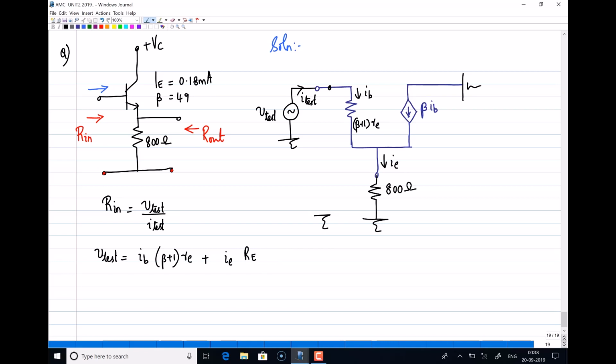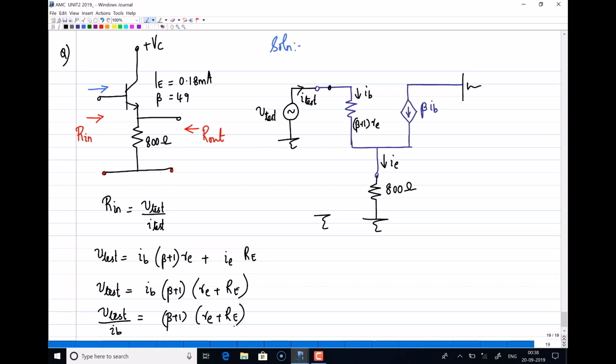IE is related to IB by beta plus 1. So V test is IB into beta plus 1 into Re plus Re, and V test by I test, the same as IB, equals beta plus 1 into Re plus Re.